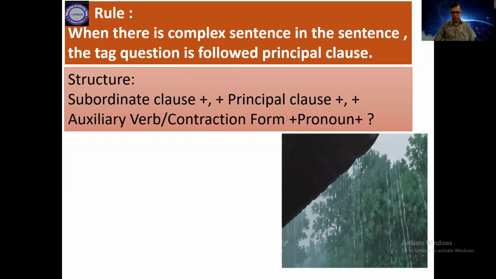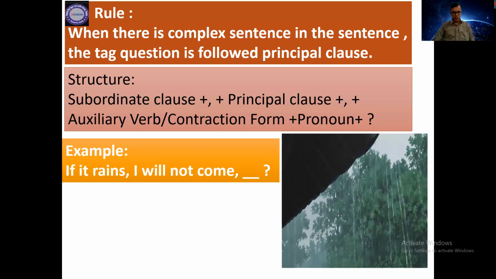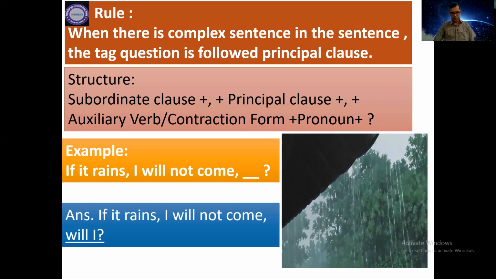Look at the picture. It is raining. Example: if it rains, I will not come. The principal clause is I will not come. And the answer: will I. As the sentence is negative, the tag will be affirmative. Will I?